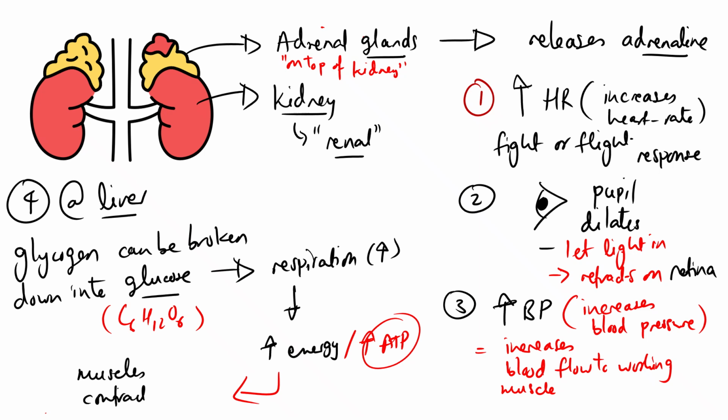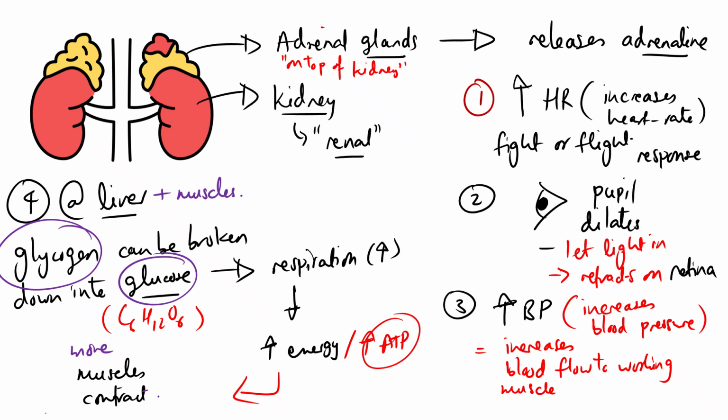So here are a couple of examples of adrenaline's functions, starting off with increasing heart rate. That's the classic one. Pupil dilation and blood pressure increase as a consequence of adrenaline release. This is a really important one: the breakdown of glycogen at the liver and also muscles. And we have more glucose as a consequence, and more respiration can occur, more energy, so more muscles can contract.